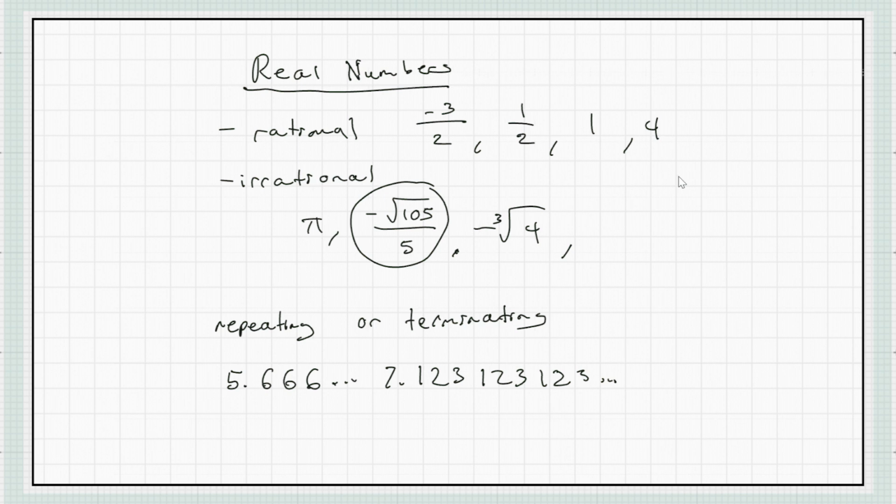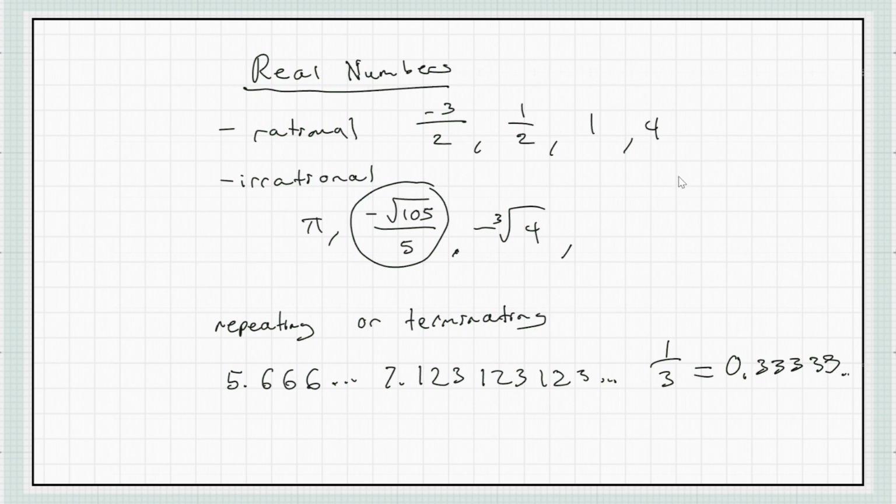One of the most common ones we know of is that if we were to do 1 over 3 and solve it, we would get 0.33333, and that would continue indefinitely.